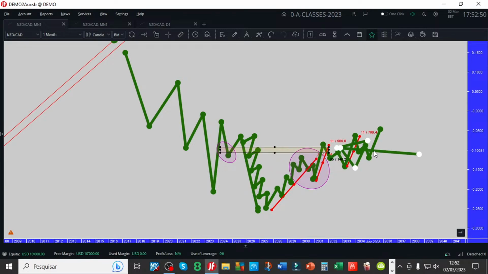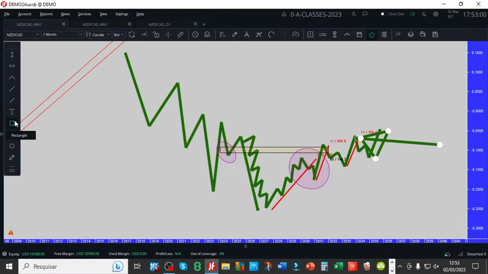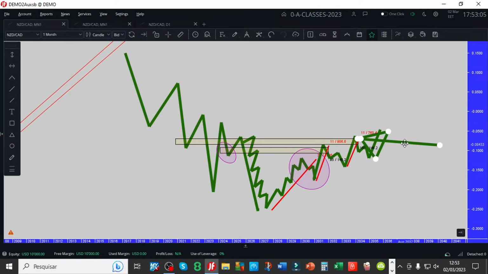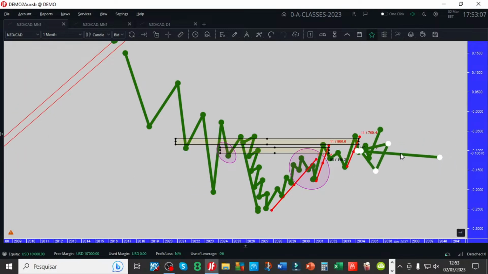Past resistance again, counter trend line break, lower lows, lower highs, short the market, stopped out the second time. Past resistance again. For the third time, lower lows, lower highs, counter trend line break, past resistance again. And you lost 3 times.